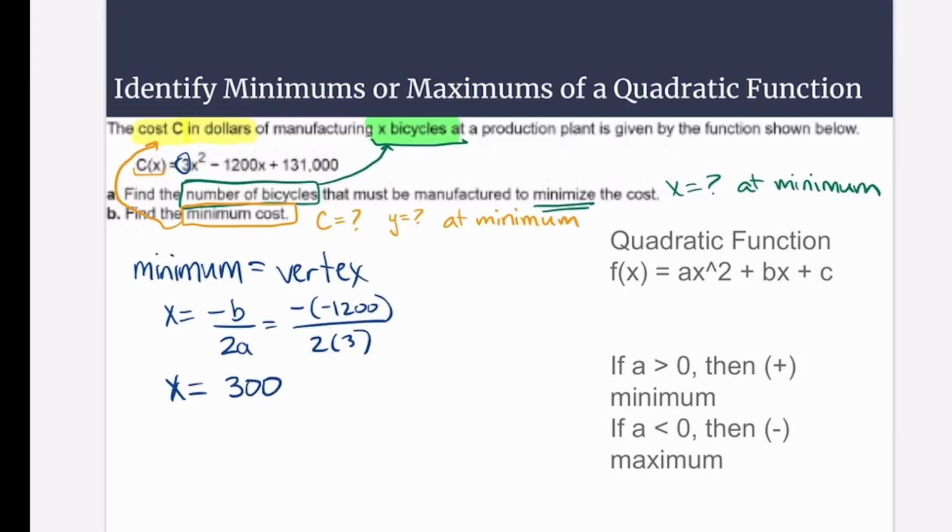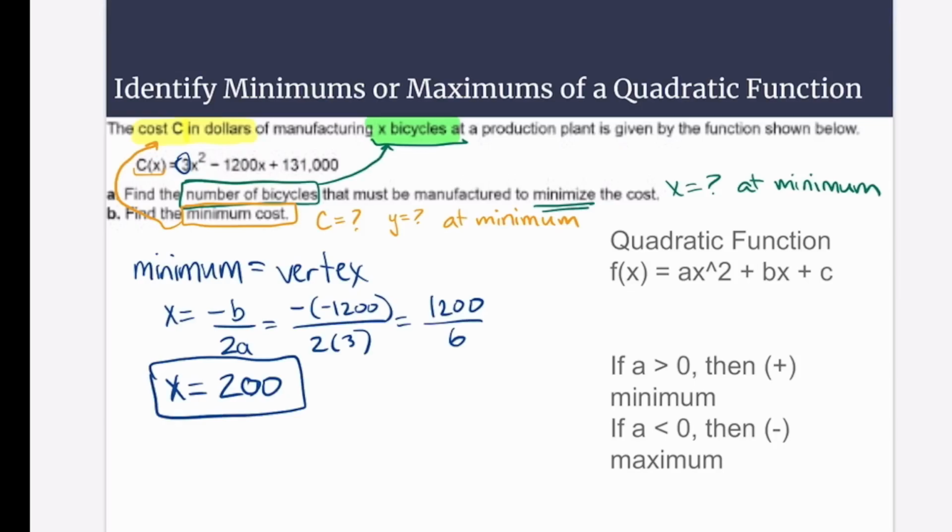I hope that's right. Nope, it's not right. I did the math wrong. So see, this is why you always write it all out. 1200 divided by 6. So it is 200. So 200 is the minimum value.